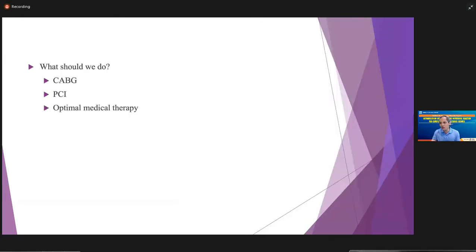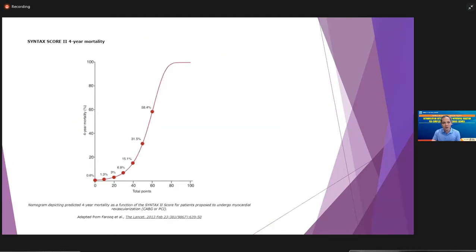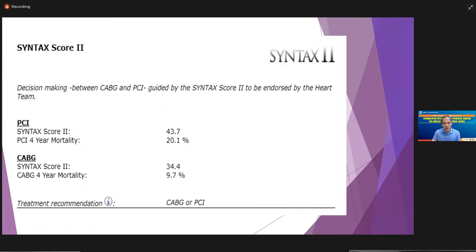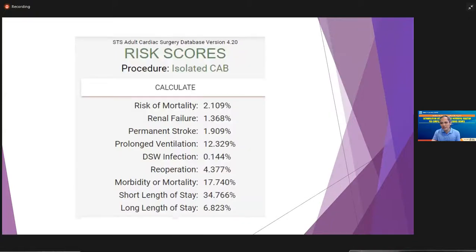Now what should we do for the patient? He is already on optimal medical therapy. We discussed with my heart team. The SYNTAX score is 27. We calculated the SYNTAX score II for the patient, and the risk of mortality of the patient is 2.1%.